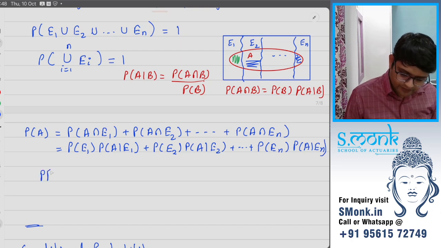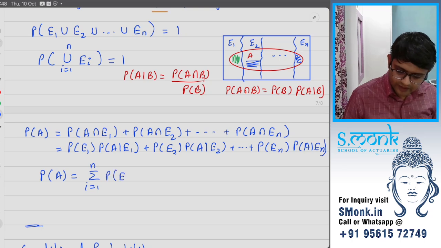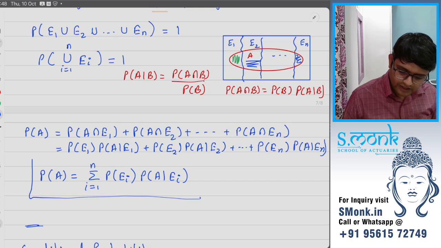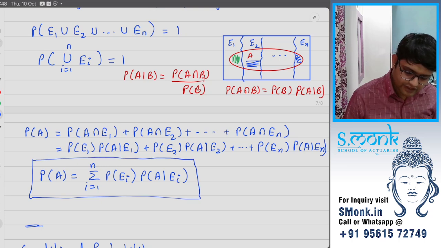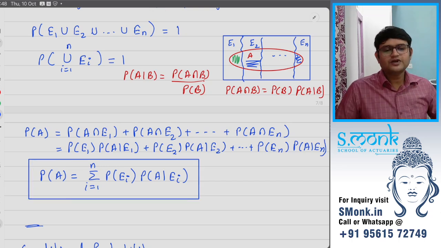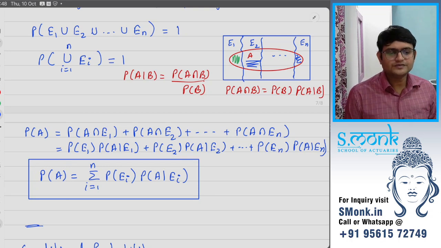And finally we'll say probability of A is summation i going from 1 to n probability of Ei into probability of A given Ei. This is law of total probability. Right now we have just derived it. With an example, I'll explain what this actually means.